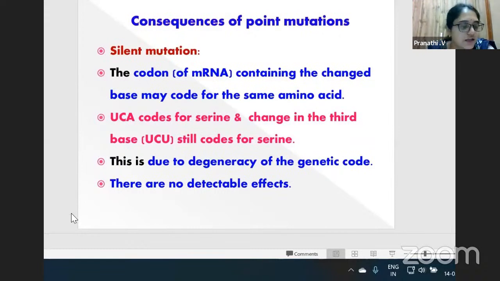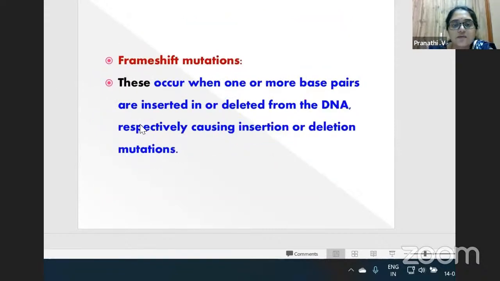So we also have indels and the frameshift mutations and the duplications and translocations. We've already had a look at it; we will look at it again. So in frameshift mutations, you have insertions and deletions.